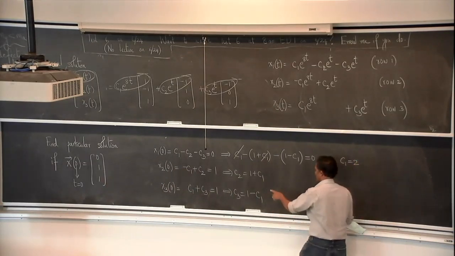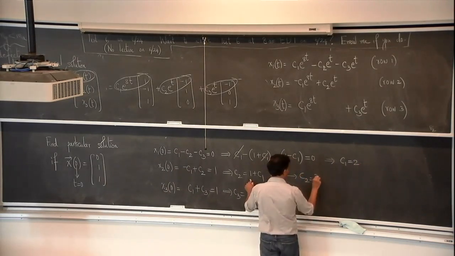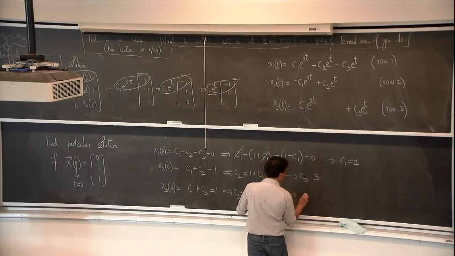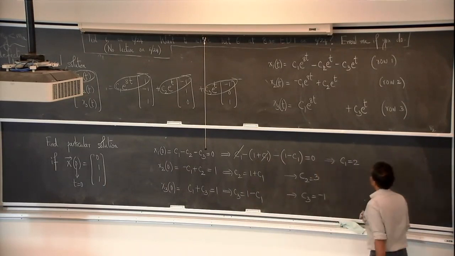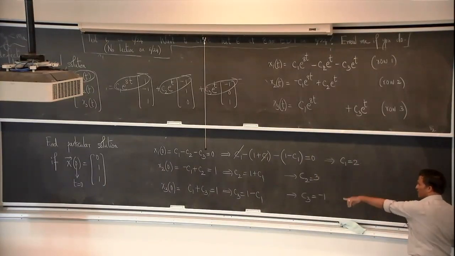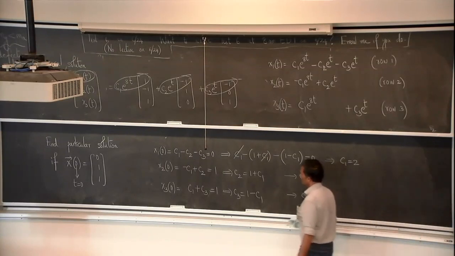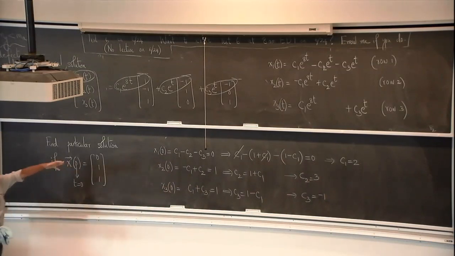So, all right. So C2 is, I don't want to spend another 15 minutes trying to figure out these numbers. And C3 is negative 1. So that will give you a particular solution for that initial set of values. In this case, it was kind of easy because most of those terms had coefficients of 1.